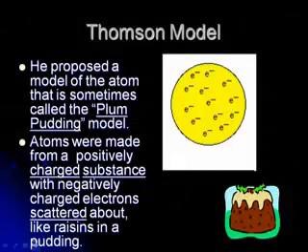Okay, so he identified these small negatively charged particles. He didn't call them electrons, but eventually that's what they were called. They knew atoms were neutral by observations, and so they thought, well, there must be some kind of positive charge counteracting the negative charge of the electrons.